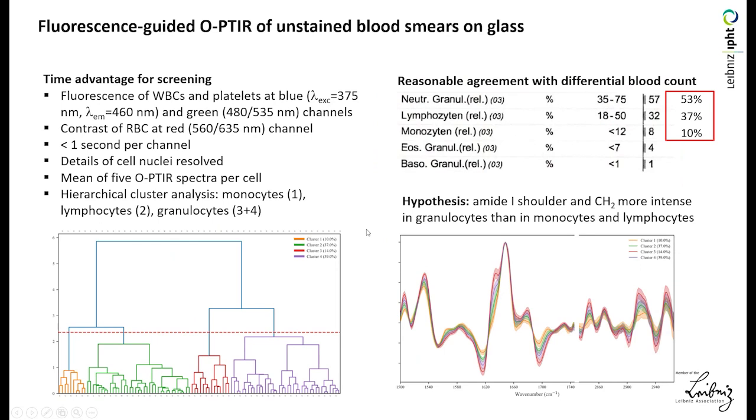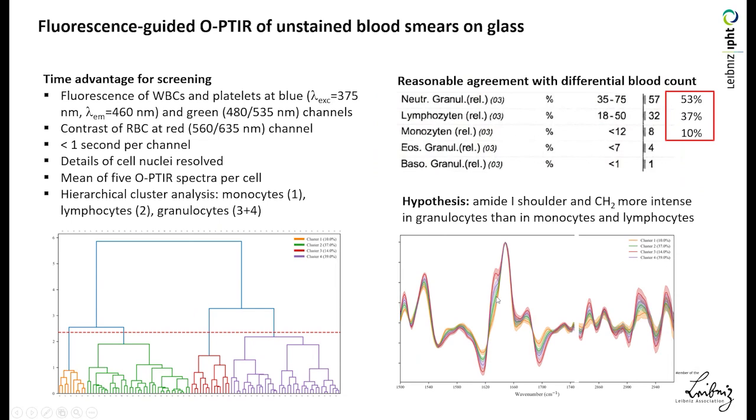Taking a look at the spectra, we found that the shoulder in the amide-1 band, and also the elevated CH2 bands in the second derivative, are more intense in granulocytes than in monocytes, and this has been confirmed also in these PBMC, also these peripheral blood mononuclear cells.